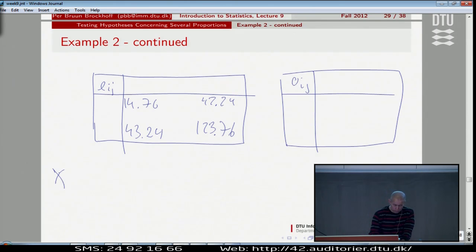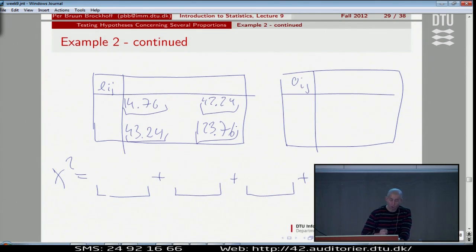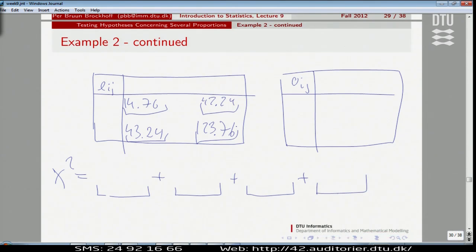Then I compute the test statistic, where I take 4 terms in this test statistic because I have 1, 2, 3, 4 cells of the table. So I have to add a term for each of those 4 cells.